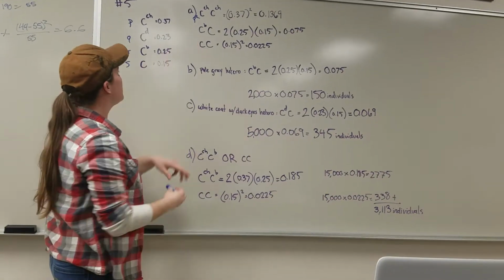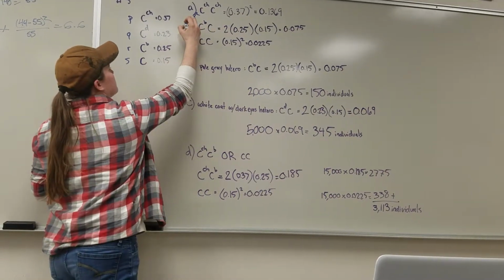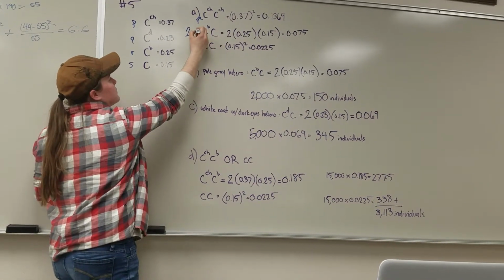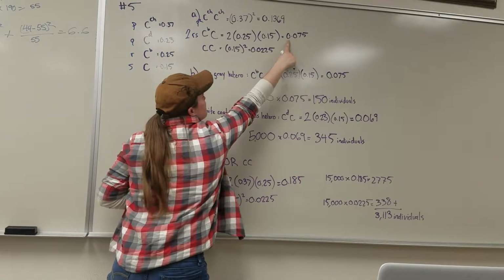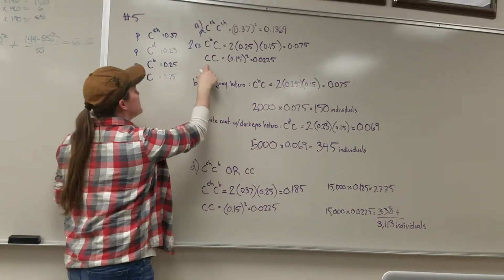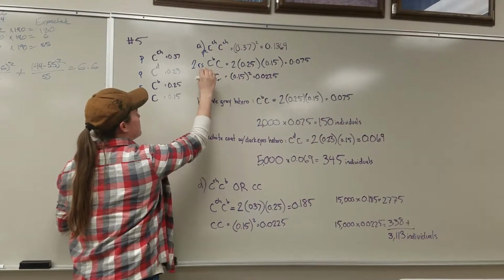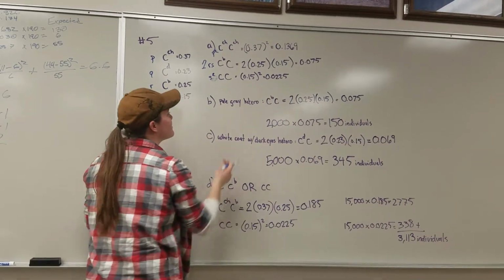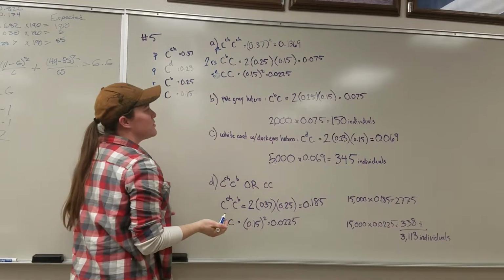So CBC would be, because it's heterozygous, you have to multiply it by 2, and then you have R times S. It comes out to be 0.075. CC would be S squared. Either way works. It comes out to 0.0225.